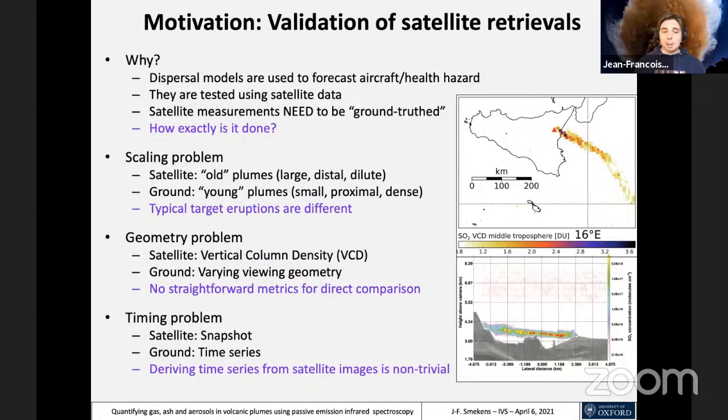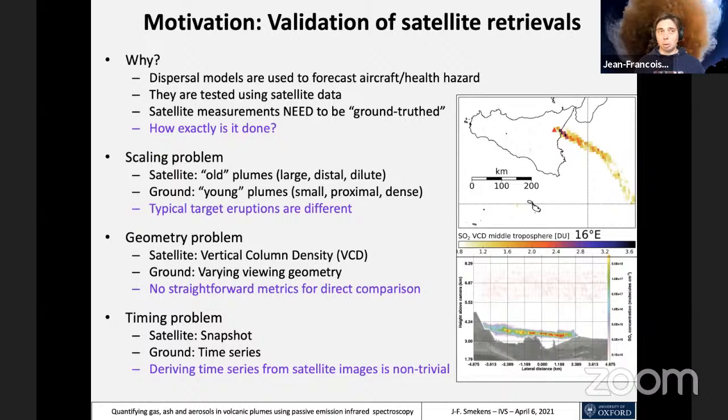And then finally, there's a timing problem where satellites provide snapshots of one image of a plume at a given time, whereas on the ground, we tend to see time series of a slice of a plume and not the whole plume. So deriving time series metrics from satellite images is not always trivial, although there have been great advances in the last few years to provide this.